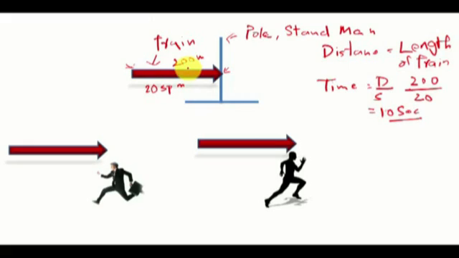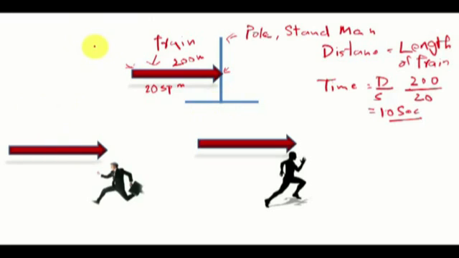When you divide these two, you get the time it takes to cross the pole or a standing man. You may ask what is the length of the man? The length of the man is so negligible that we do not consider it. Therefore, there is no additional length other than the length of the train, which is the distance.